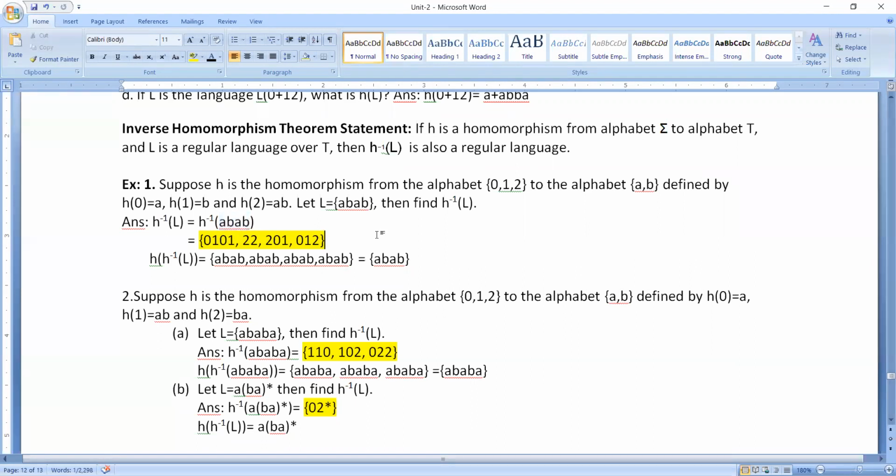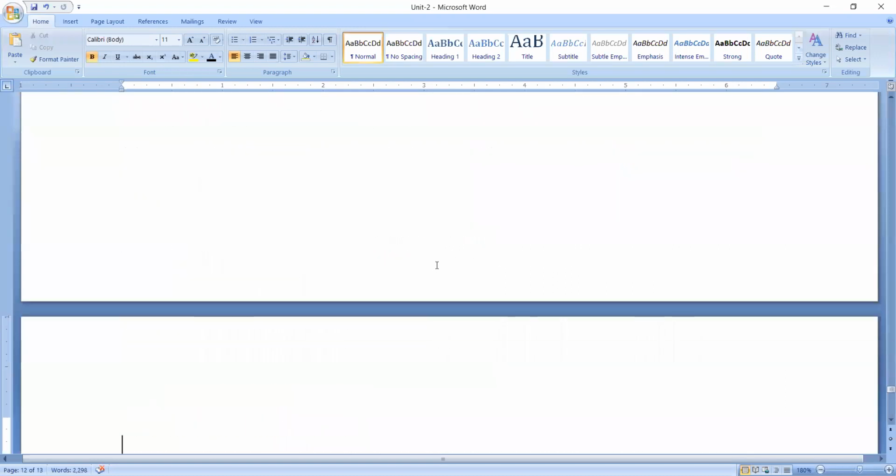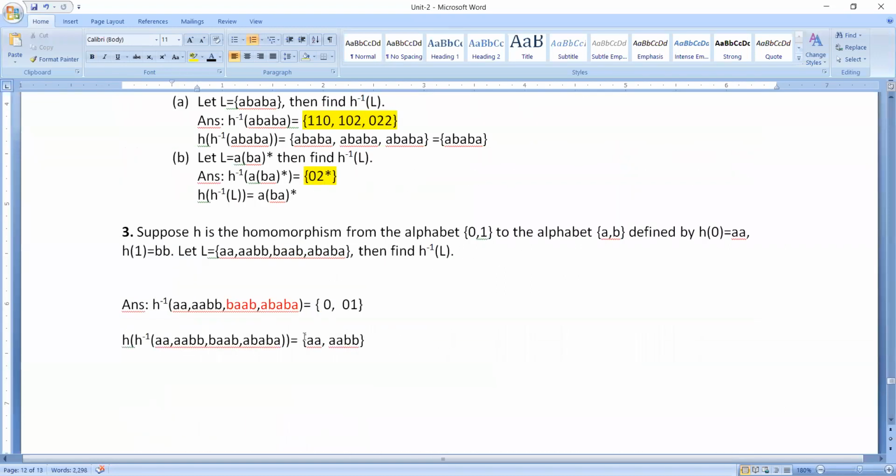And again, when we reapply the homomorphism function on the newly generated language, sometimes it is possible that it will produce the same language, just the same as our original, or otherwise it may produce the subset also like this. Okay, so this is what we mean by the inverse homomorphism.